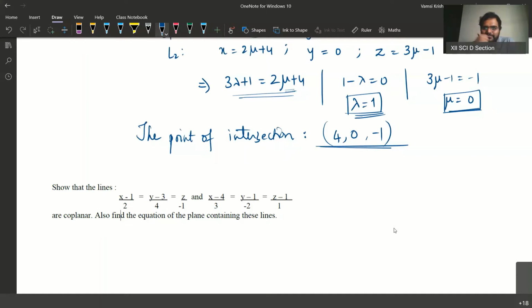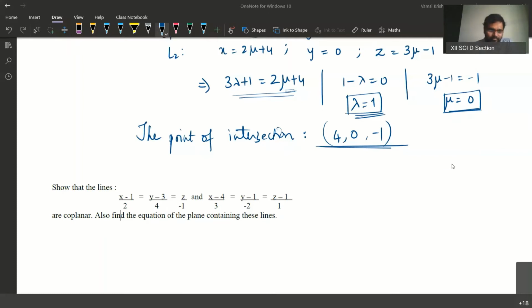Students, please let me know. Okay, someone says scalar triple product.